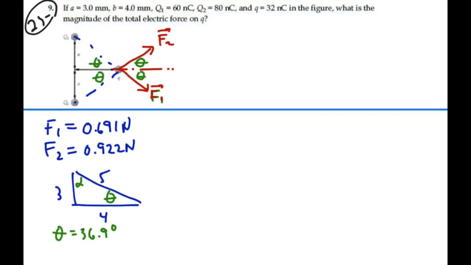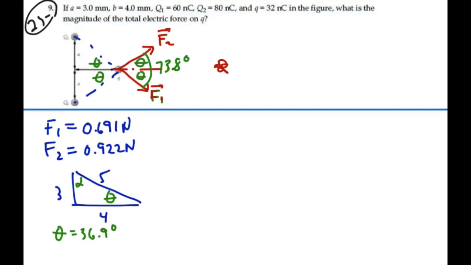So the angle between these two vectors is 36.9 plus 36.9, so this total angle here is going to be 73.8 degrees.